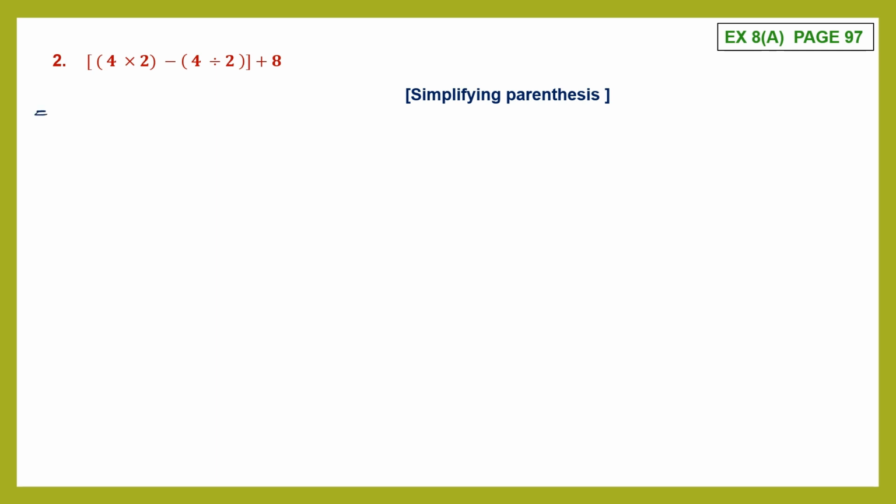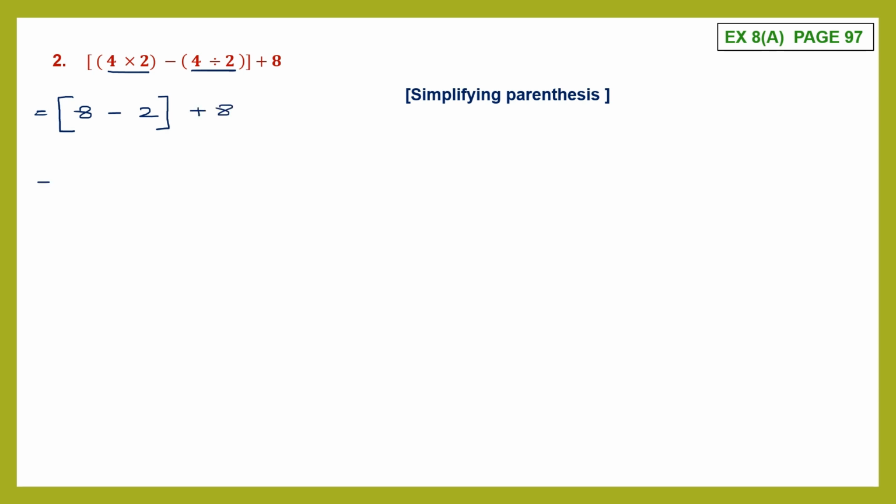Let's see that. So let's begin by drawing the square bracket and working out what's inside the parenthesis and then we can remove the parenthesis. 4 twos are 8, so remove the parenthesis, minus, now here 4 divided by 2 is 2, so you can remove the parenthesis. Now we close the square bracket. And what we have after that? We have plus 8.